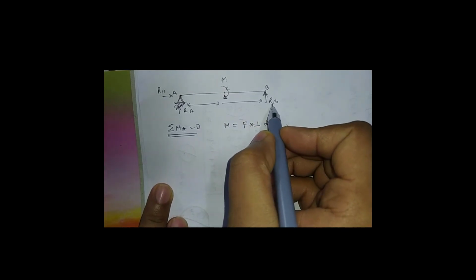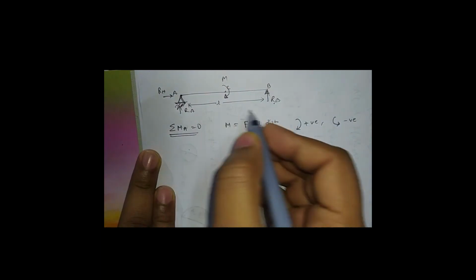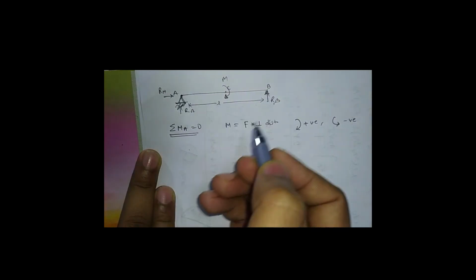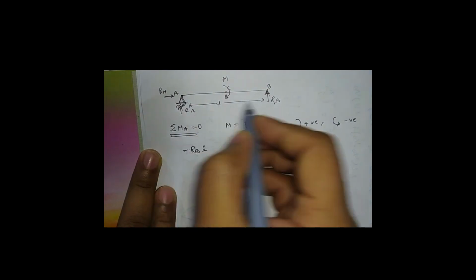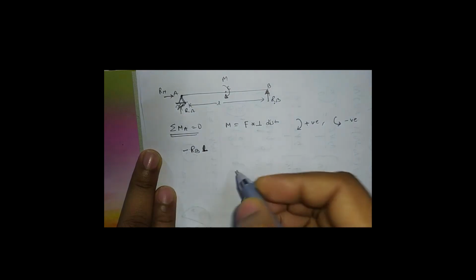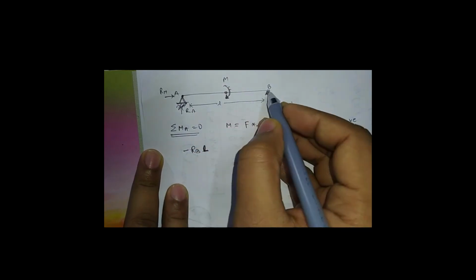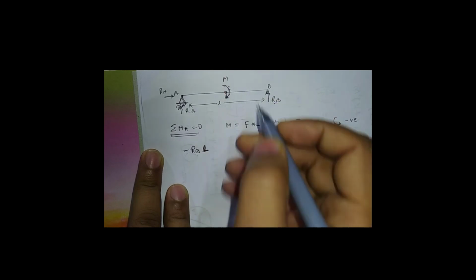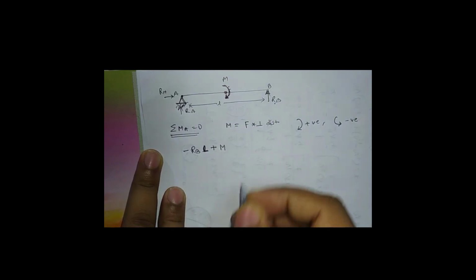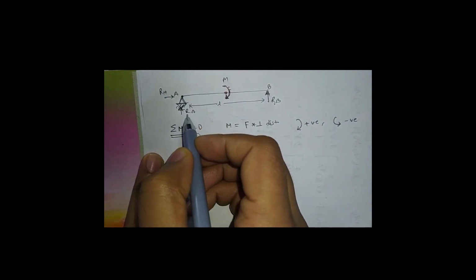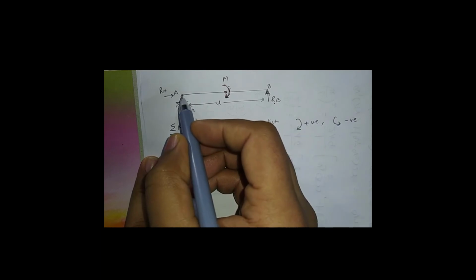Here RB is the force. RB acts in such a way that it produces an anti-clockwise moment about point A, so minus RB multiplied by L, which is the length, and the moment at point C is clockwise, as there is no other force between B and C, so we are taking it positive. The reactive force RA does not produce a moment about itself because there is no perpendicular distance.